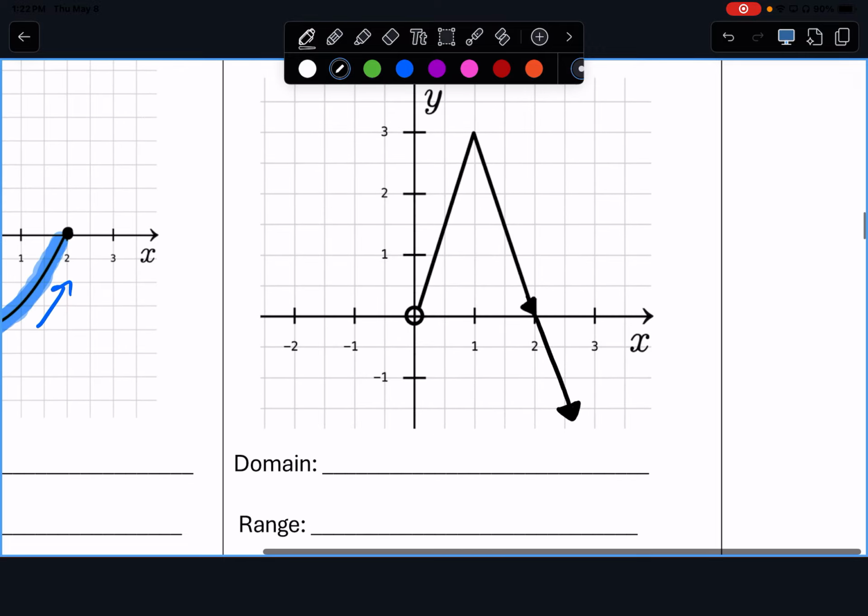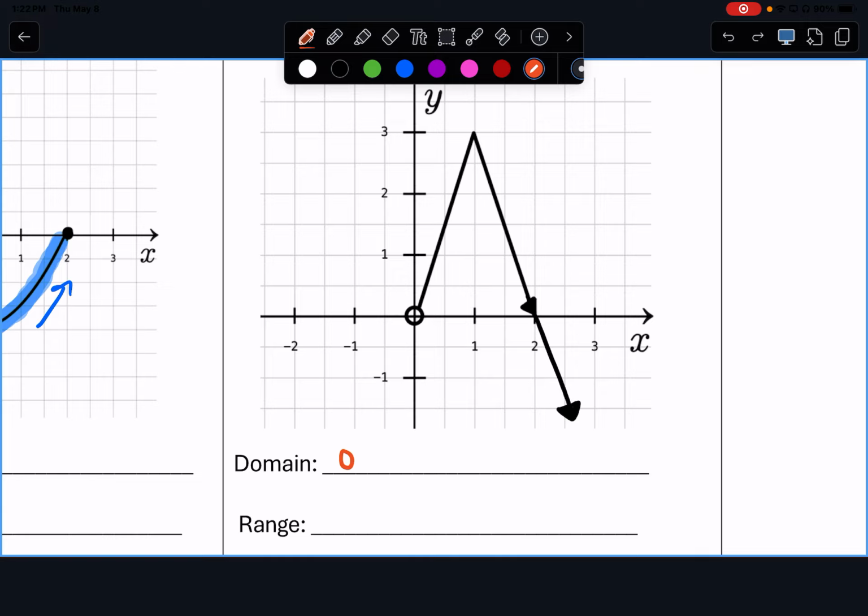Now, for our domain for this one, what is the leftmost point we have? 0. Is 0 an open dot or a closed dot? It's open. Anytime you have an open dot, it will be very clearly an open dot. Do you see how obvious it is that that's an open dot?